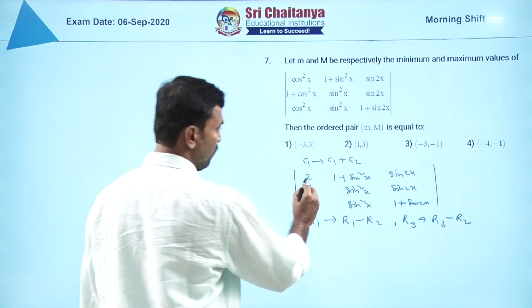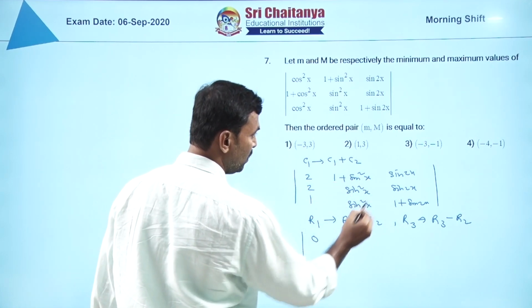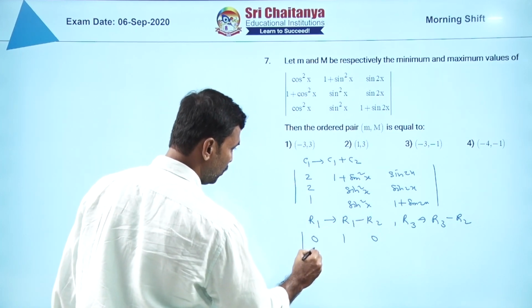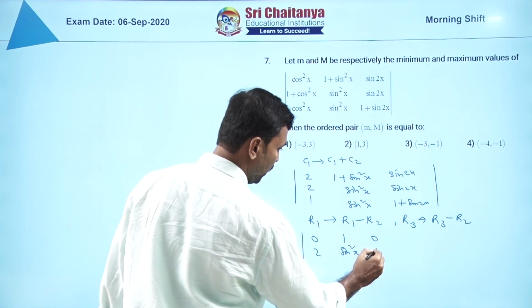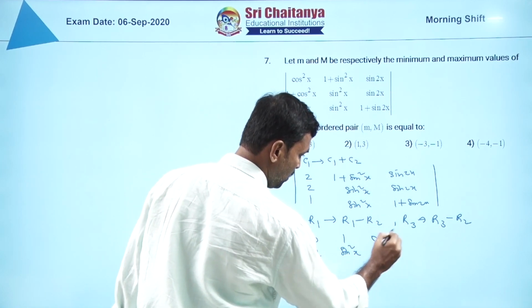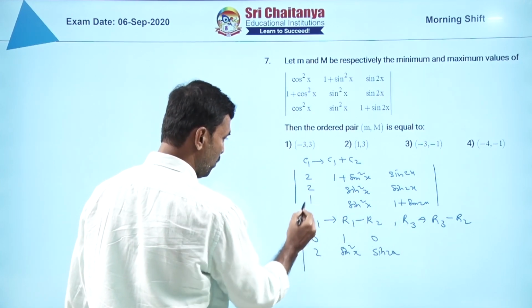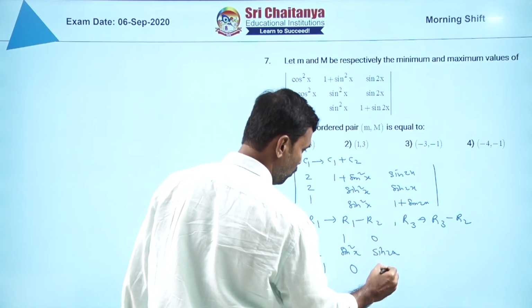So, first row will become 0, 1, 0. Second row as it is 2, sine square x, sine 2x. Third row R3 minus R2, 1 minus 2 is minus 1, 0, 1.